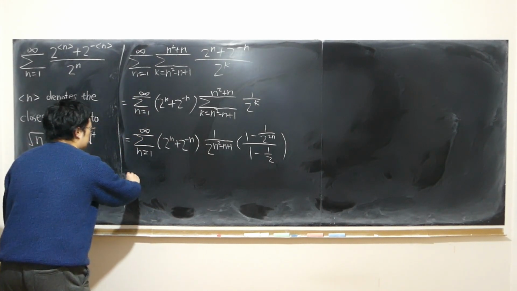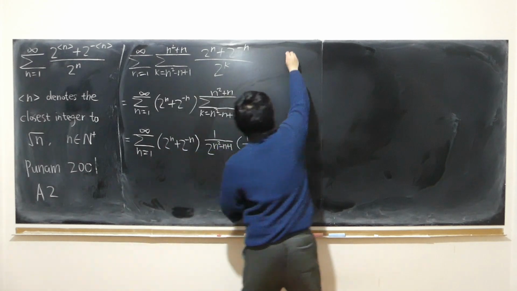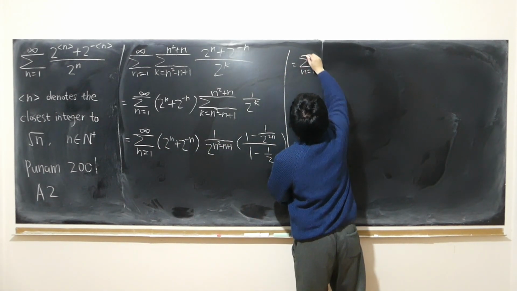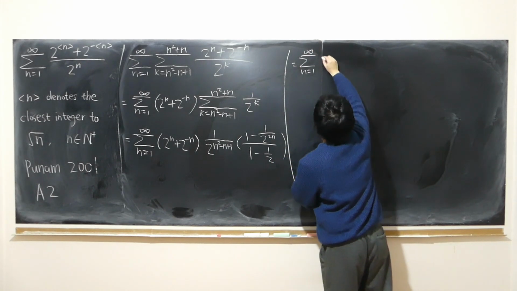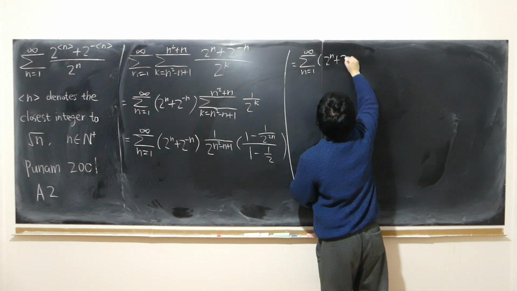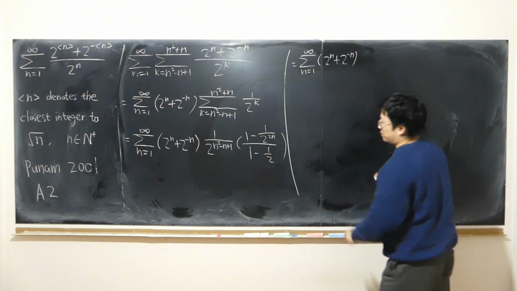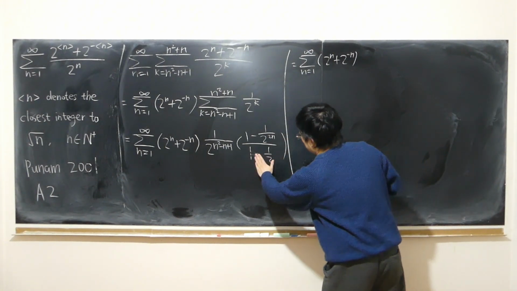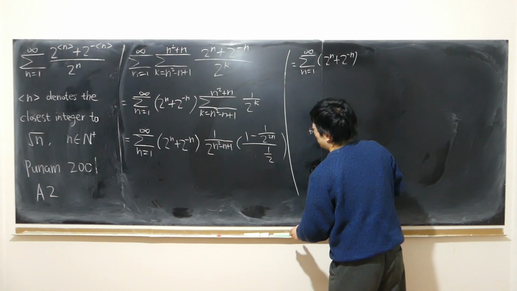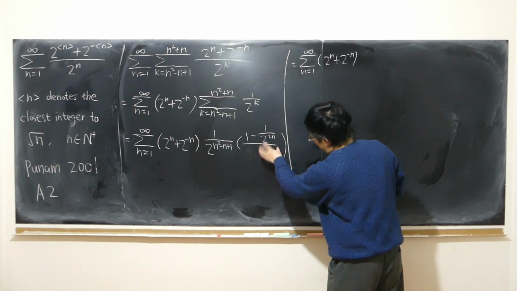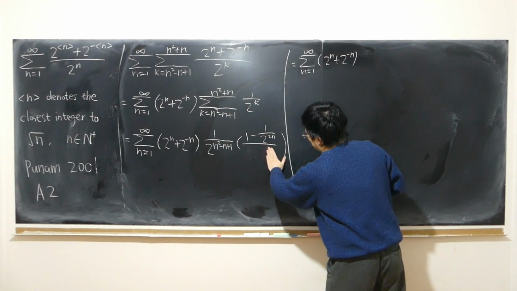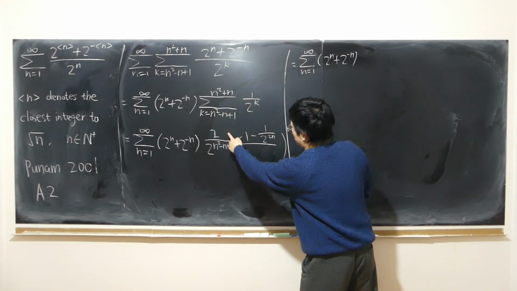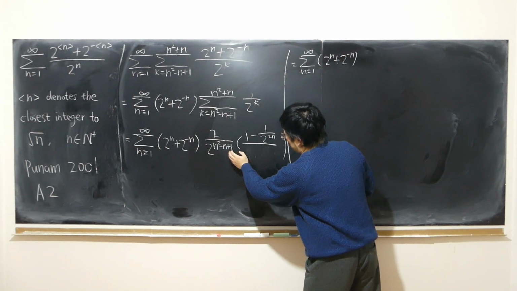So that is equal to the sum for n from 1 to infinity. In here we have 2 to the negative n times... Here you have a half at the bottom. You flip it. Yeah, you have times 2. But this 2 and this 2 to the power of 1 can just simplify.